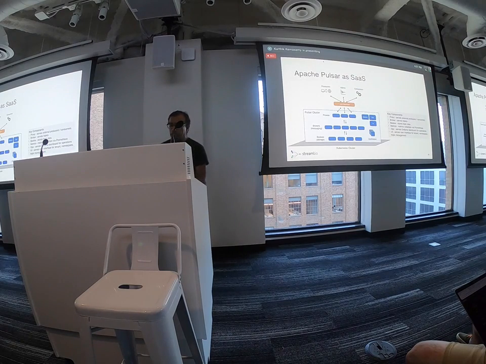So Pulsar as a SaaS, how do you deploy it? One of the key things is, because Pulsar is cloud native, you might want to deploy it in your organization either as a cloud, which is running on AWS by yourself, or you might want to do it on a private cloud. So it requires some additional components, like one thing that we have added is something called the proxy layer.